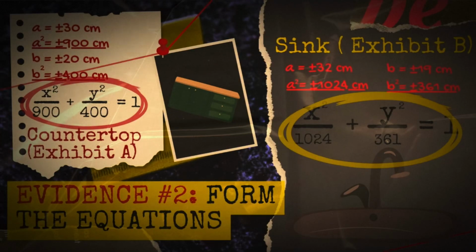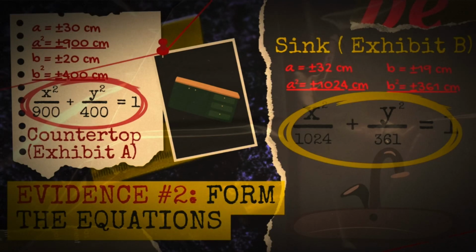And b squared is equal to 19 squared, or simply 361. With these numbers, we can now establish the standard form equation of exhibit B, which is x squared over 1024 plus y squared over 361 equals 1.